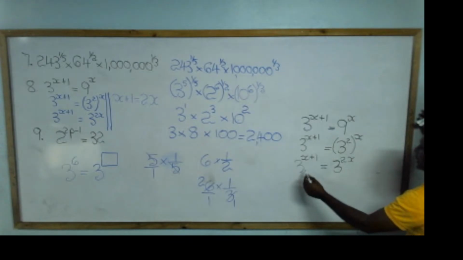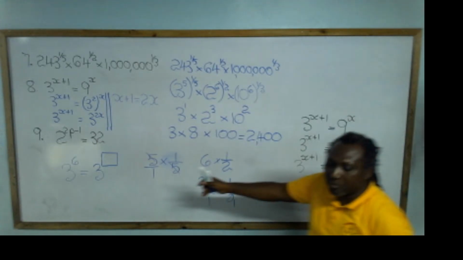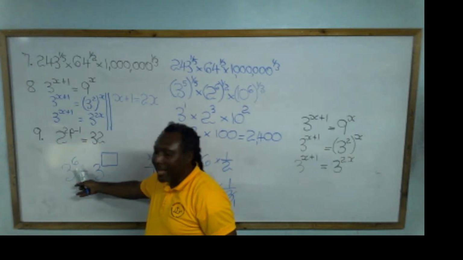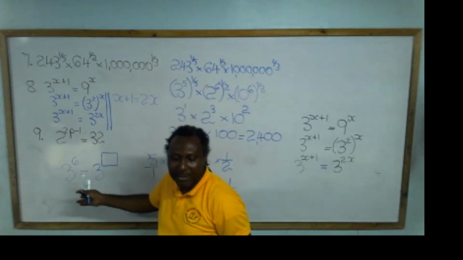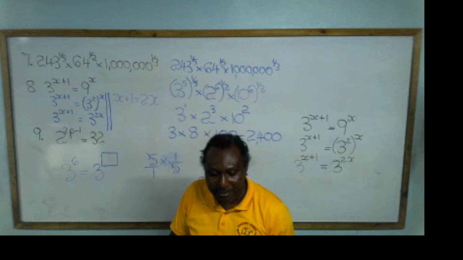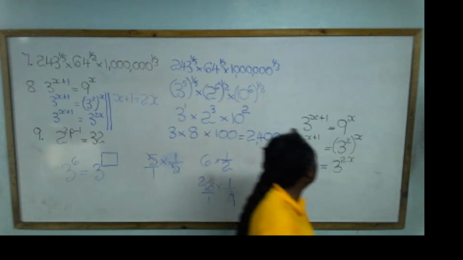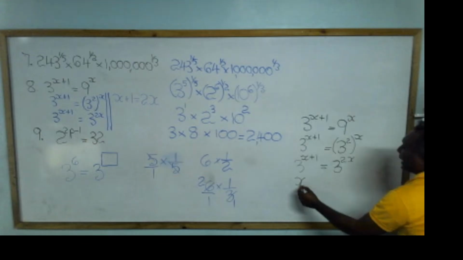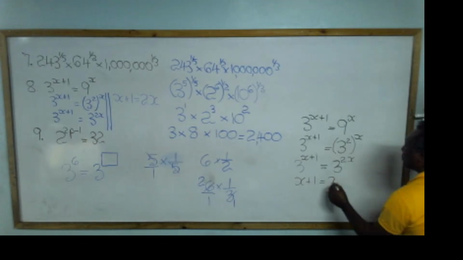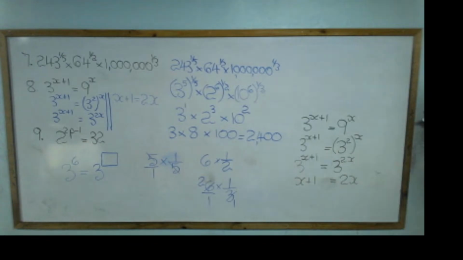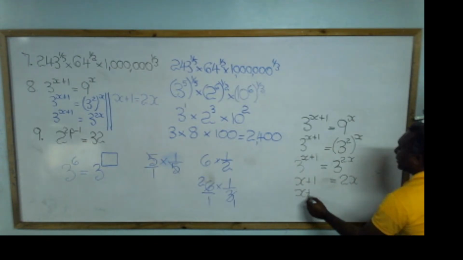If we have 3 raised to something, and it is equal to 3 raised to something else, then of course the two powers must be the same. That's only logical. So, since the two powers are the same, we have x plus 1 is equal to 2x. Let me write that again. x plus 1 is equal to 2x.